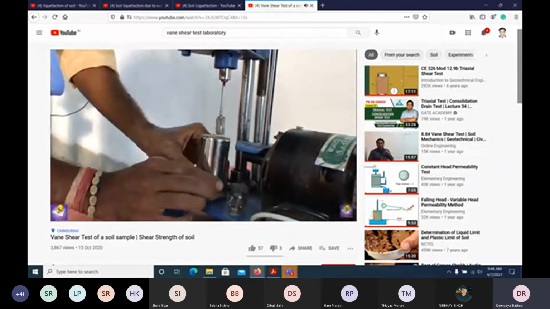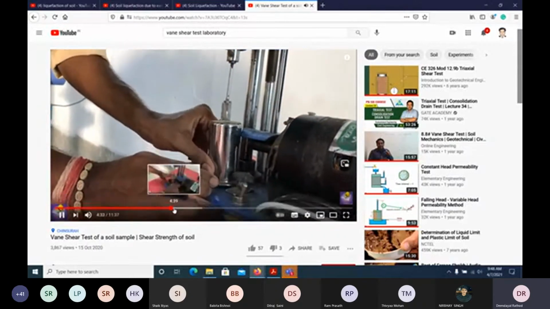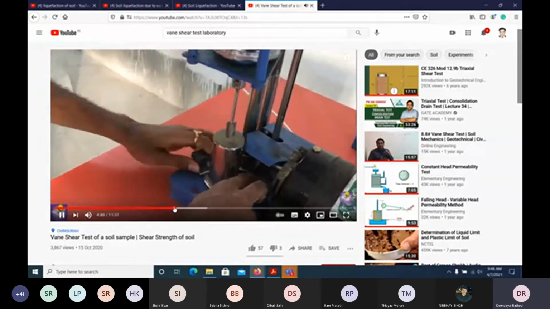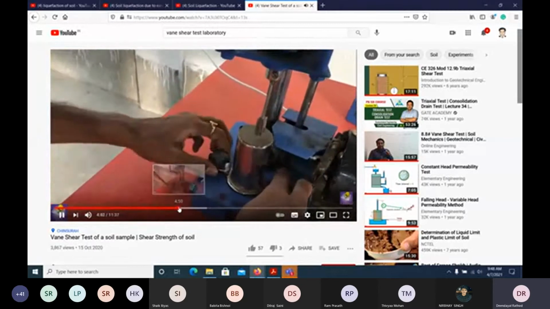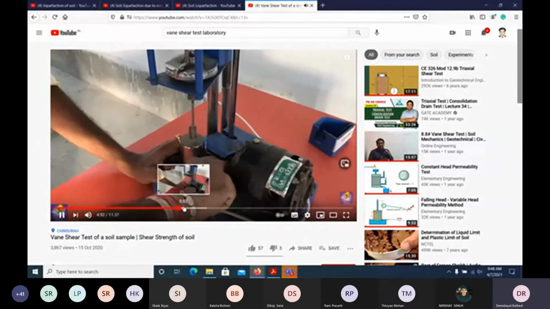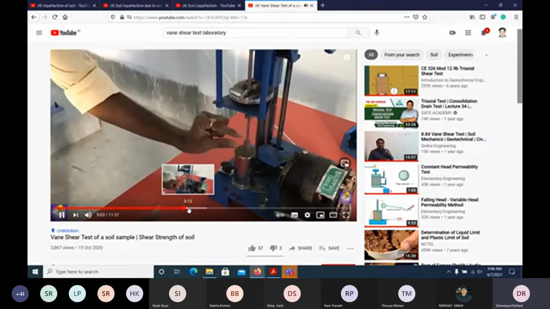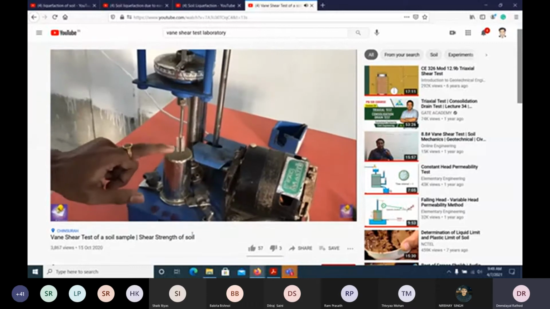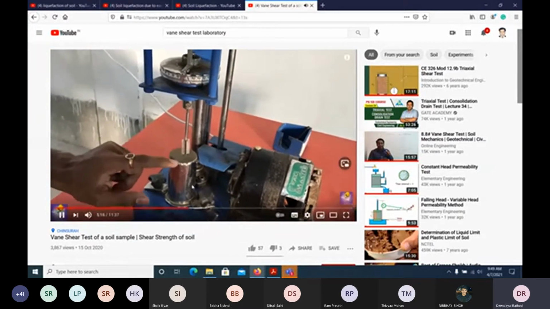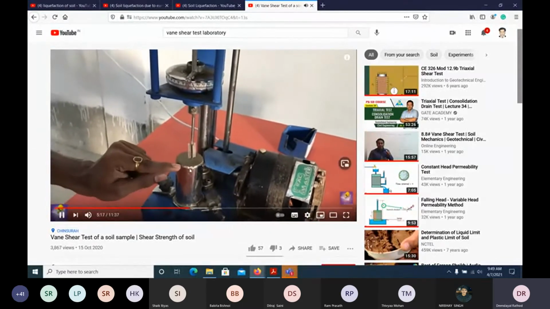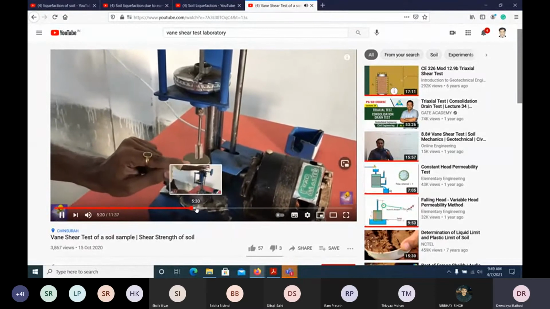And now we have to place the weight of that sample like that. The penetration of this vane should be 10 mm from its top position.